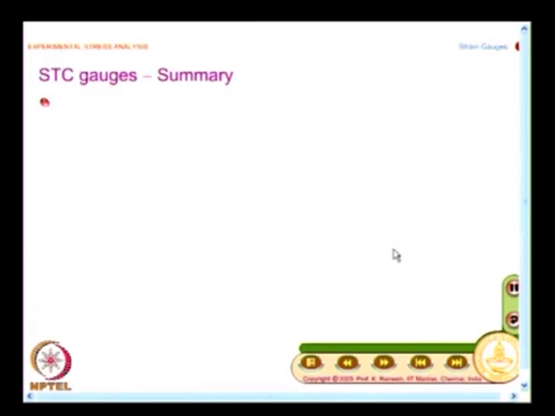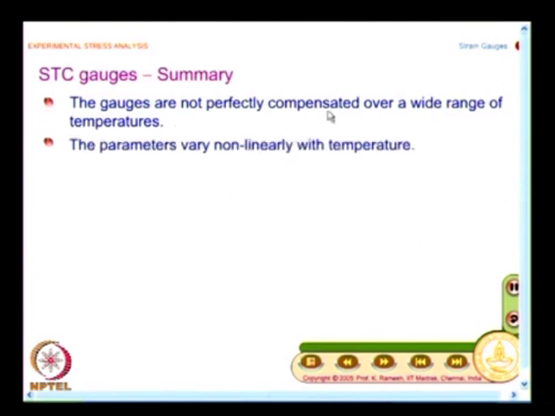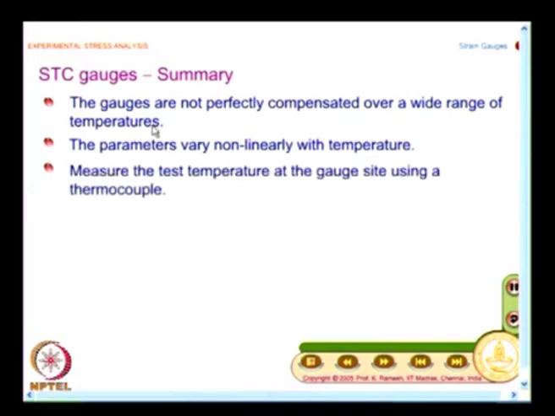Another aspect is, can these self temperature compensated gauges be used for a range of temperatures? That is another question, but the answer is no. They are not perfectly compensated over a wide range of temperatures. For small temperature variation, self temperature compensation is all right, and that is good enough.